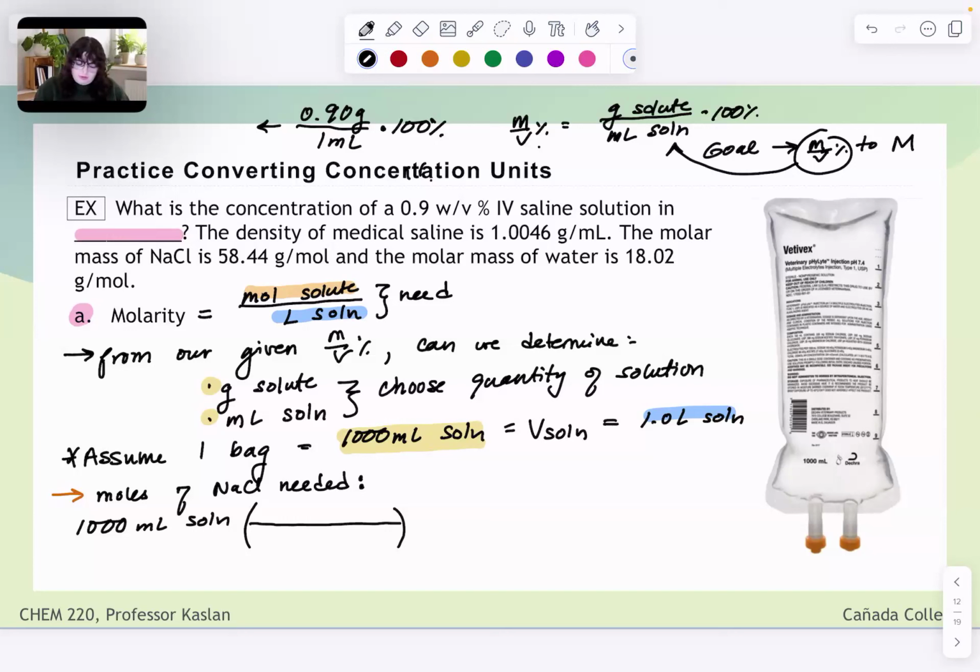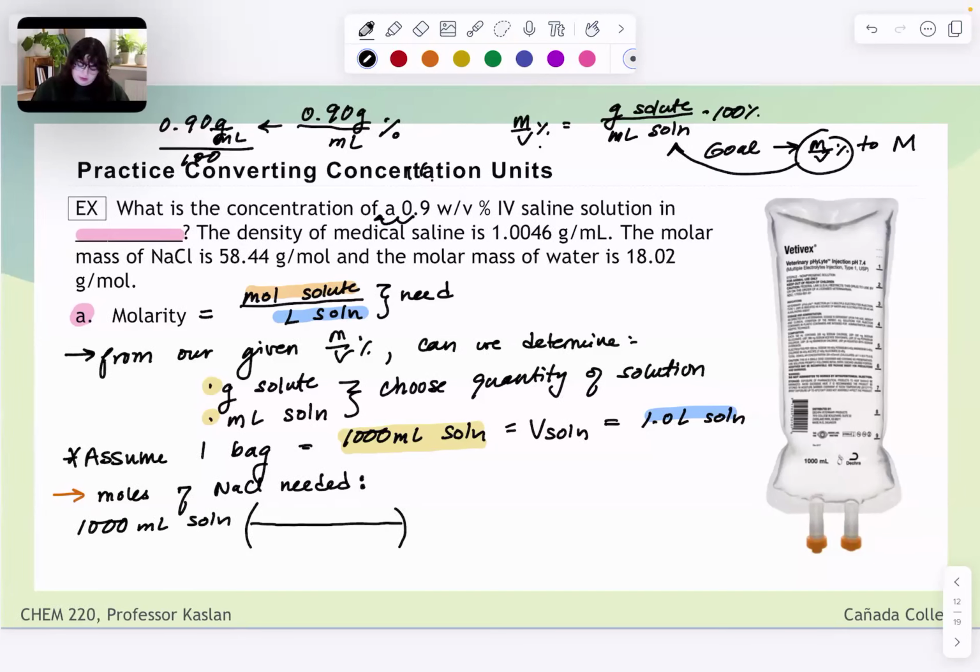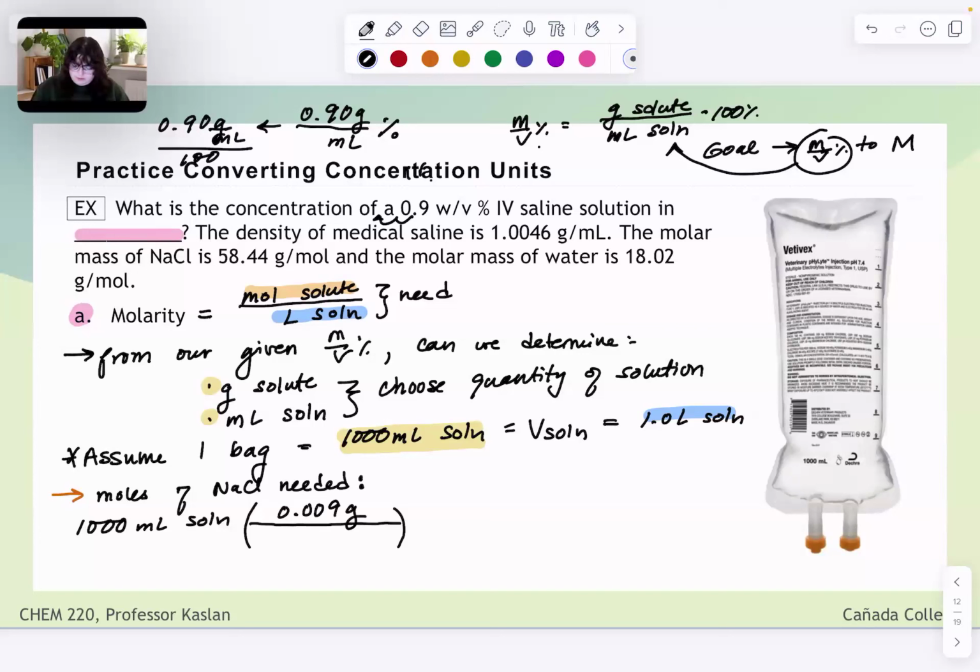So 0.9 gram per mL percent is 0.90 grams per mL, and then divide by 100. So we're just making it a decimal instead of a percentage, which would move our decimal over 2 places. So 0.009 grams per 1 mL of solution.